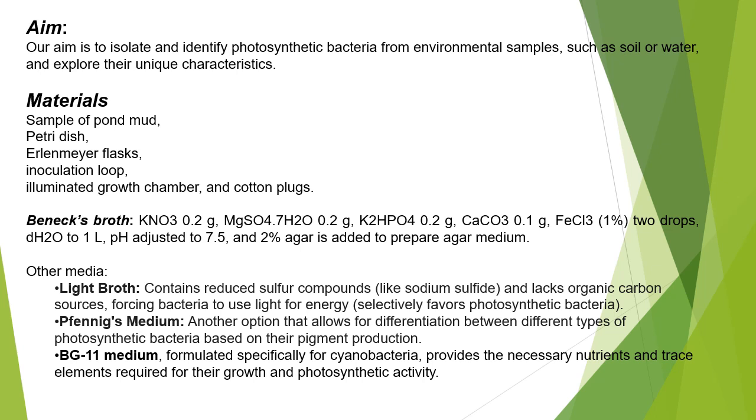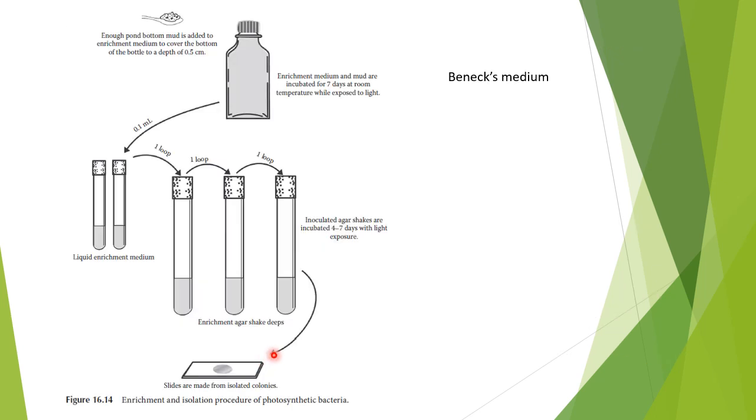So moving towards the isolation part. Let's see, if you are using Bennett's broth for isolation of an anoxygenic photosynthetic bacteria, say purple sulfur bacteria, for that you need to prepare Bennett's medium, then you transfer 250 ml in a 500 ml Erlenmeyer flask. You plug and autoclave it.